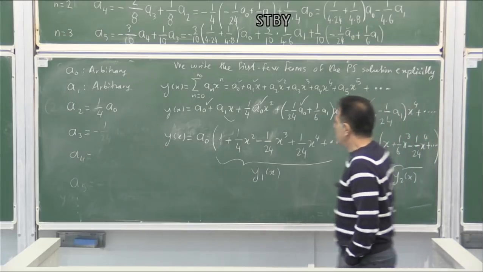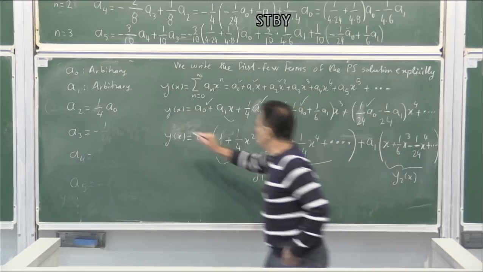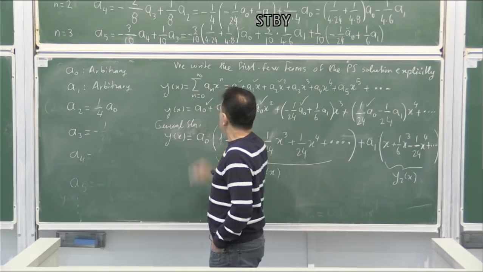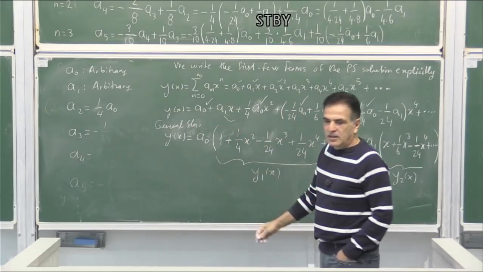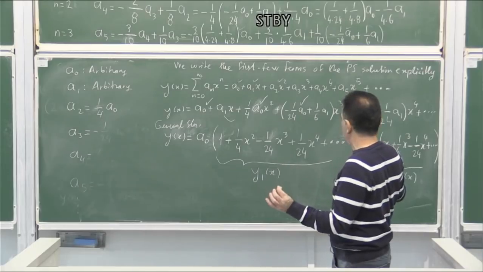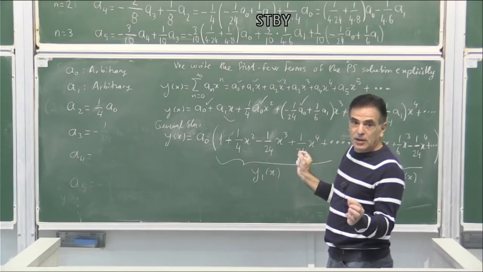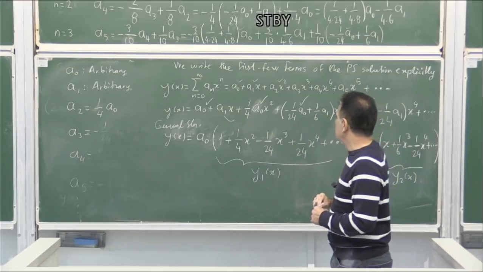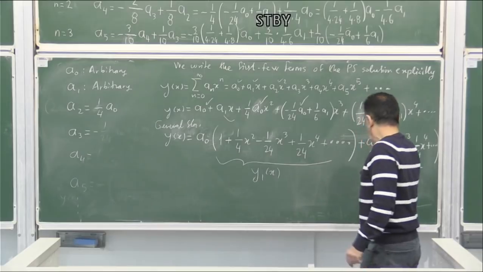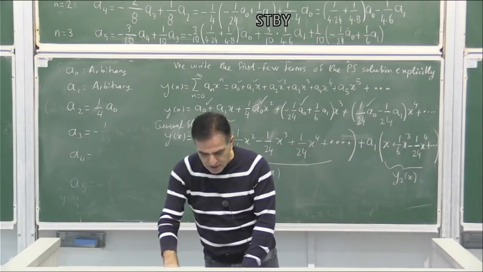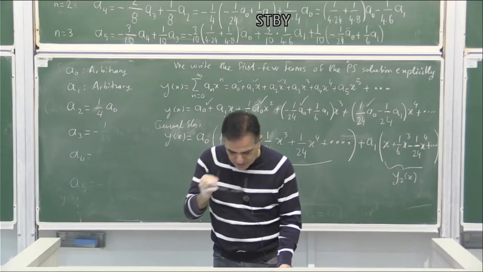Okay, so again, the general solution is the combination of 2 functions whose series expansions are given, and A0 and A1 are the 2 arbitrary coefficients appearing in the solution.